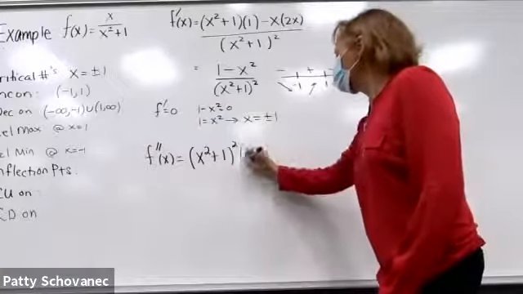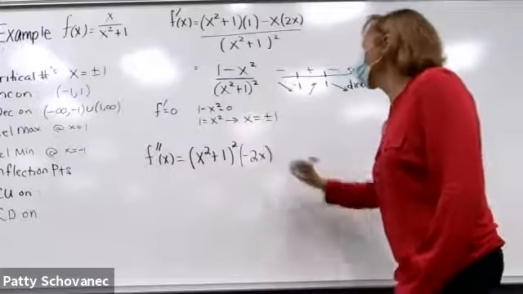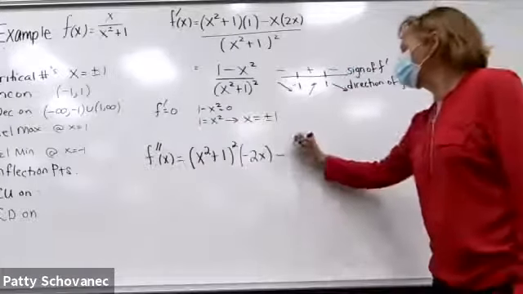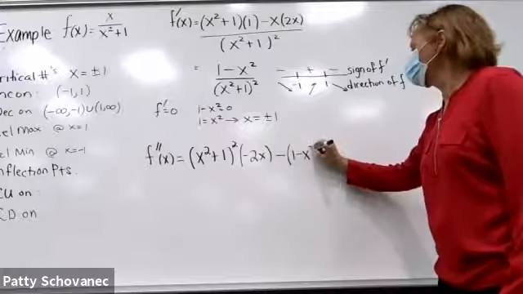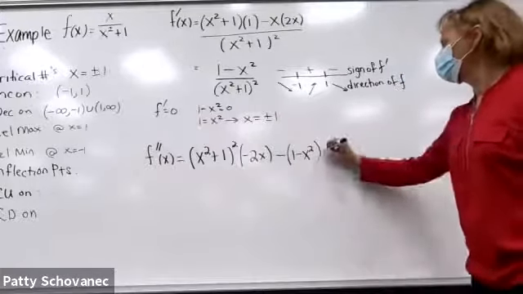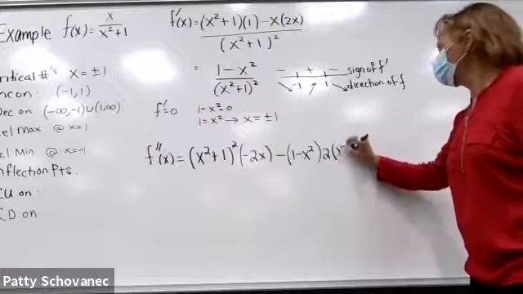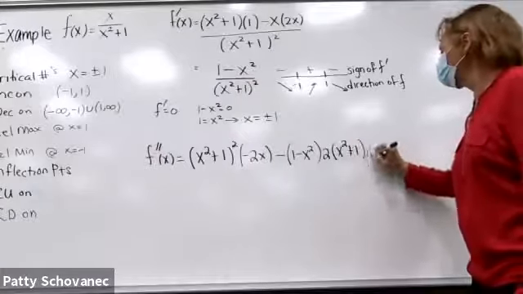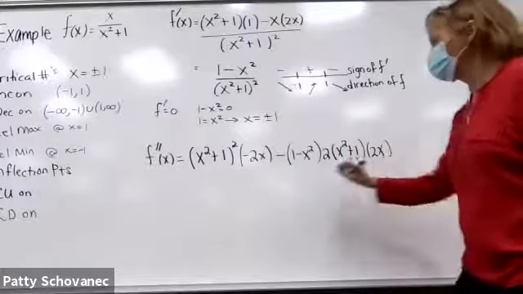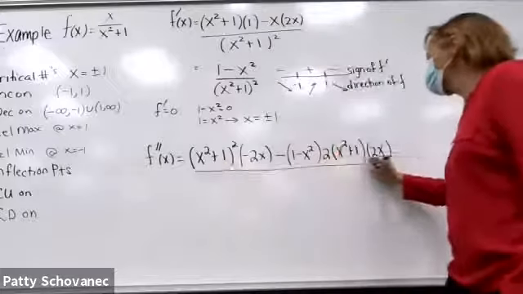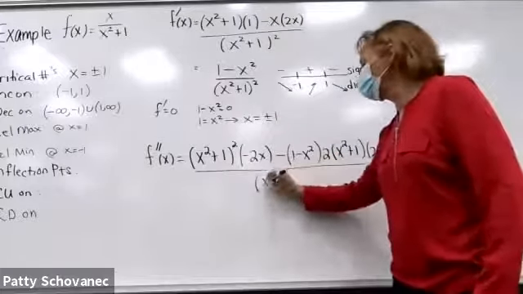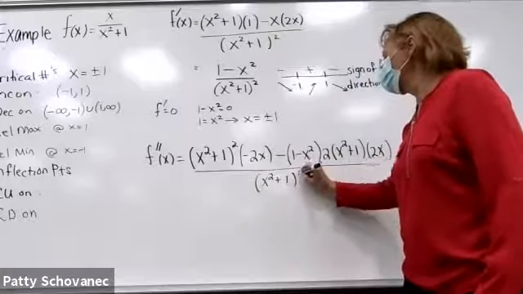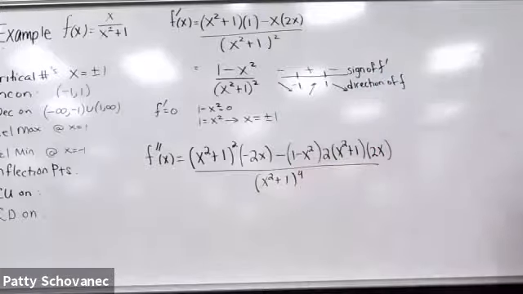Top is a negative 2x. All right, your derivative should look something like that. Got all those pieces?